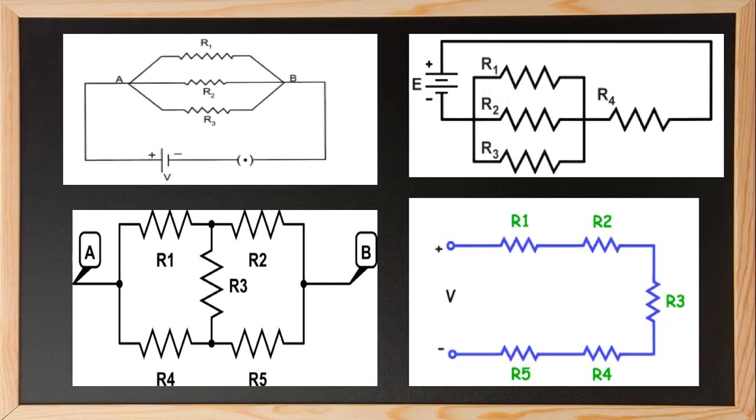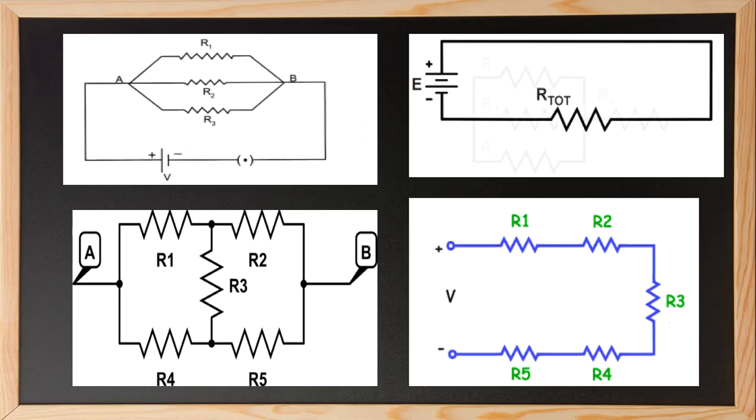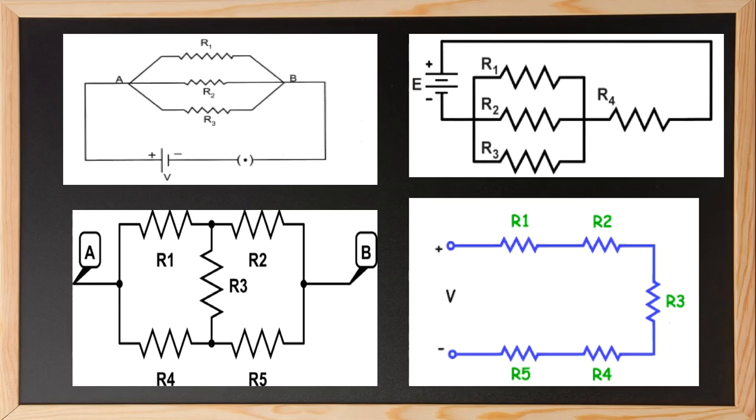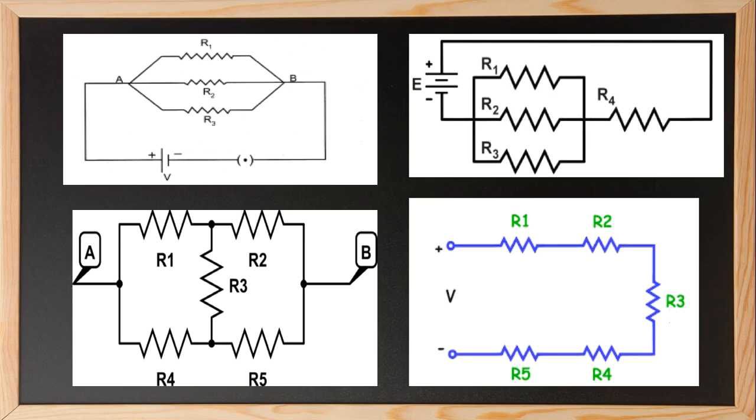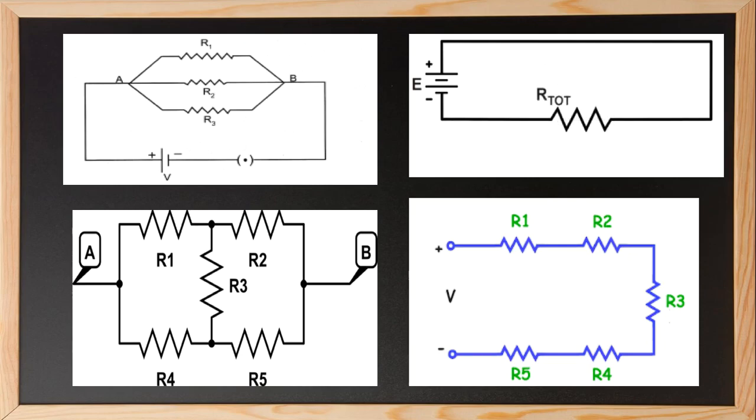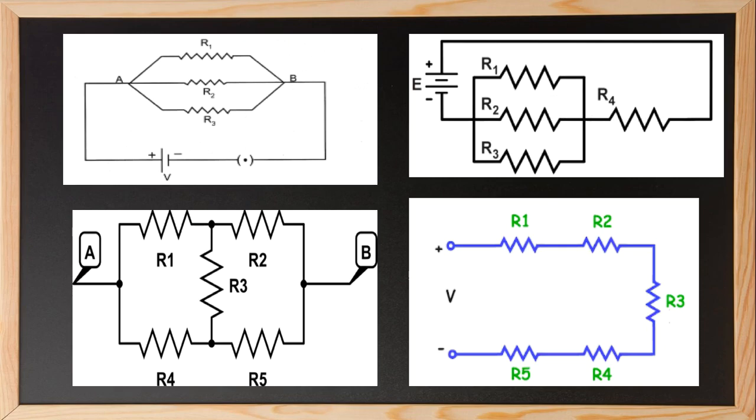So you have to calculate series and parallel separately when calculating the resistance or the current flow. They are called combinations of series and parallel resistors. This is how you differentiate a series combination from a parallel combination of resistors. Thank you.